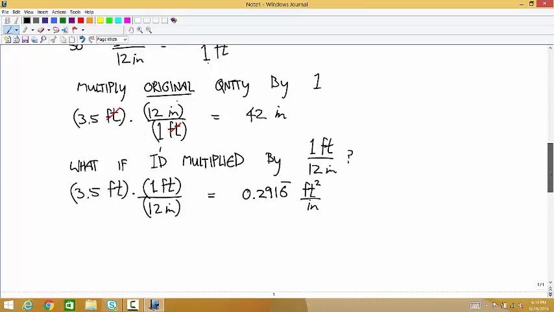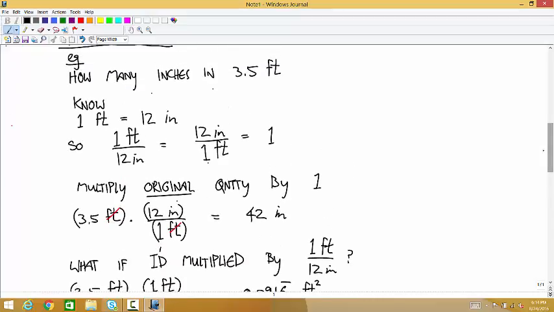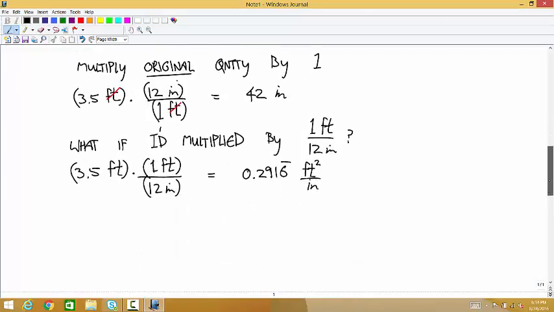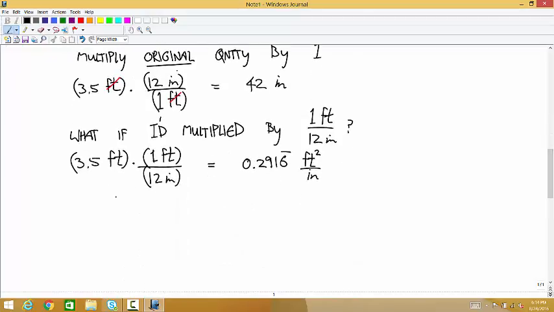So how do we know which one to use? You always have these two choices for ratios to multiply by. How do you know which one is the one you want? Let me just say that's correct, but it's not the units of length that we want.